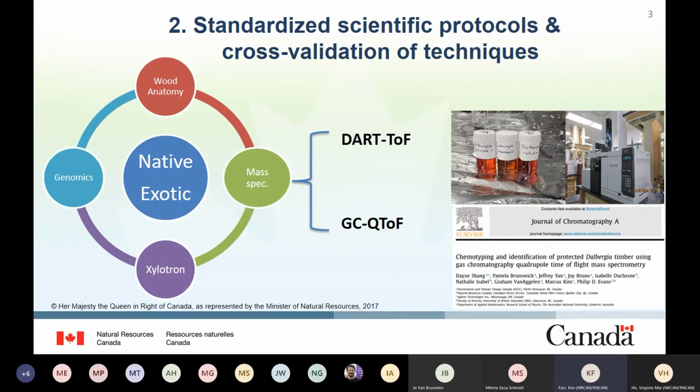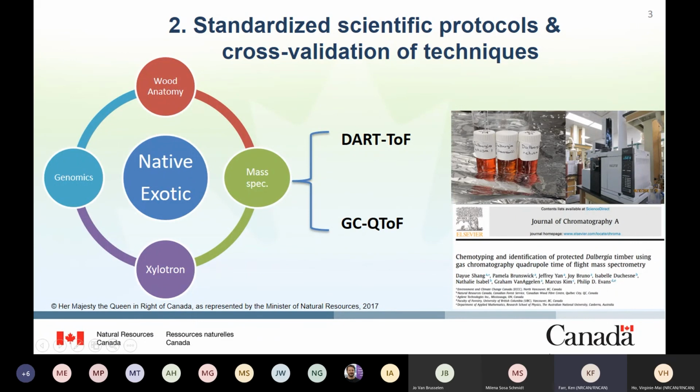But we have developed another method using a gas chromatography quadrupole time of flight mass spectrometer, which currently requires an initial screening tool since its use requires pre-knowledge of the sample being examined. We have developed a field test using these methods for enforcement officers to screen wood from Dalbergia species.